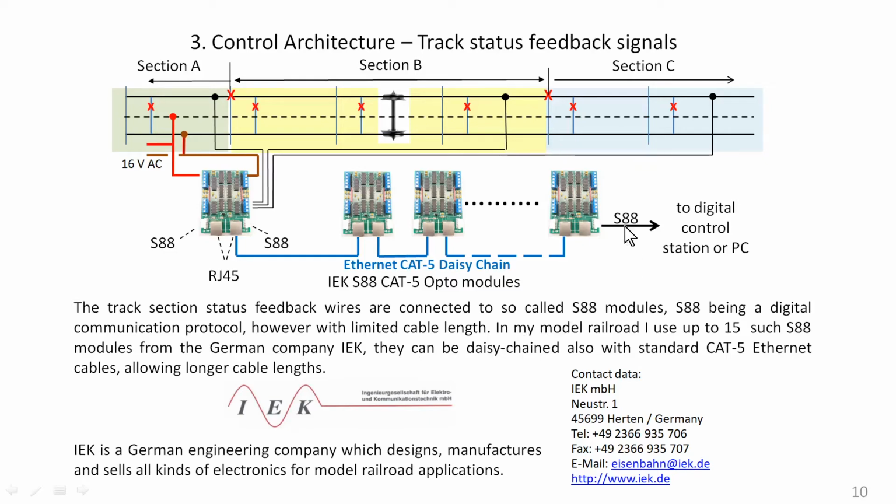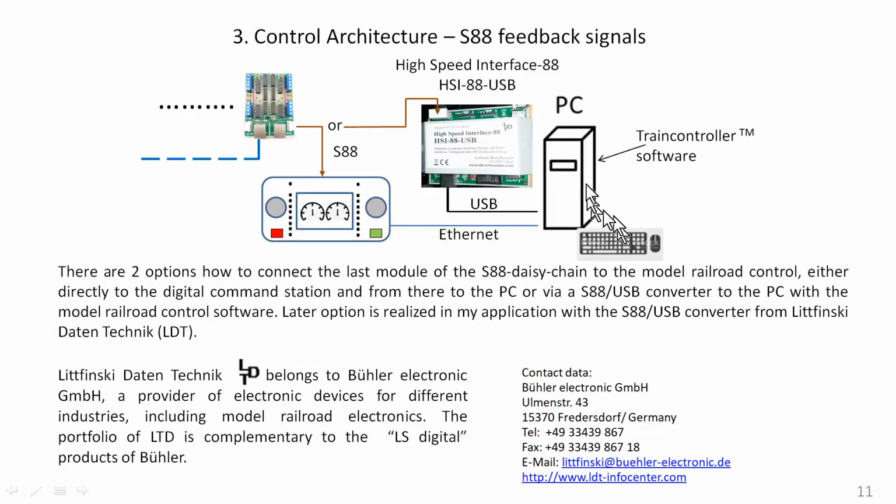On the last module, you have to use the S88 connector and feed the signals which you have captured here to either the digital model railroad command station or, via a USB converter, directly to the train controller software in the PC.